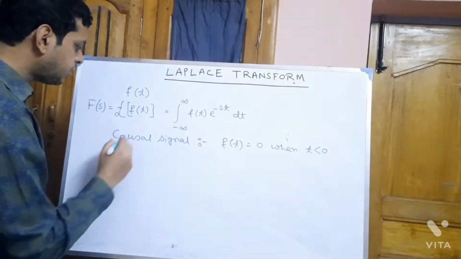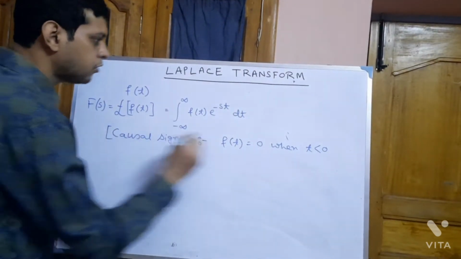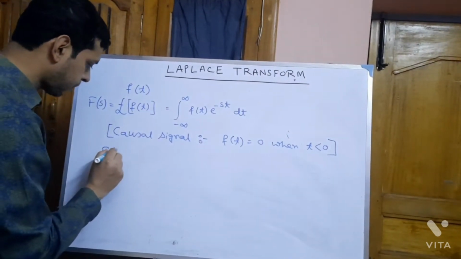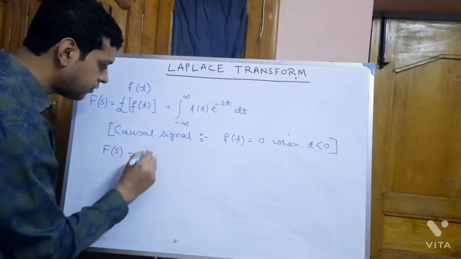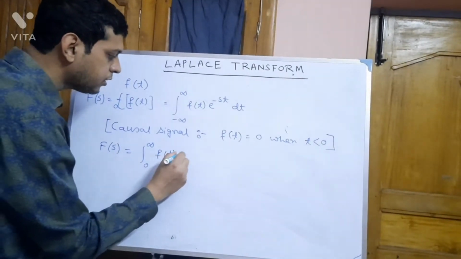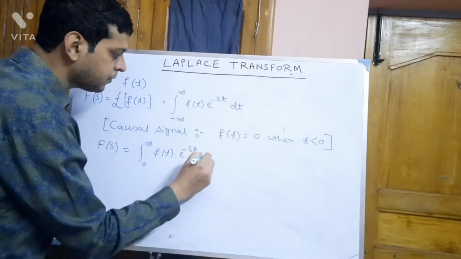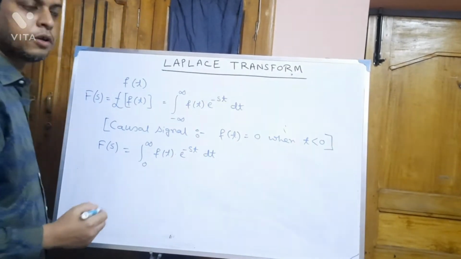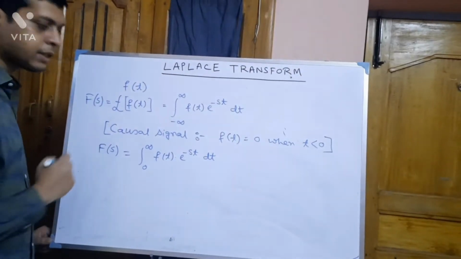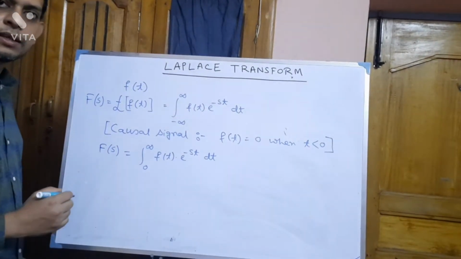So the integration will be reduced to 0 to infinity of f(t) e to the power minus st dt. So from a time function we will go to a function of s.